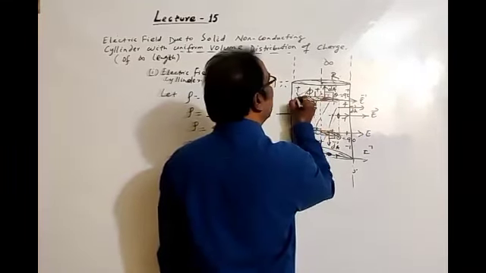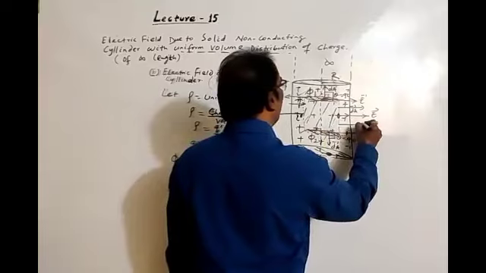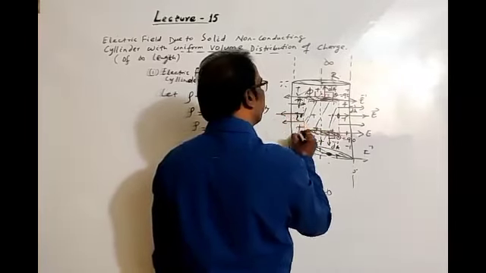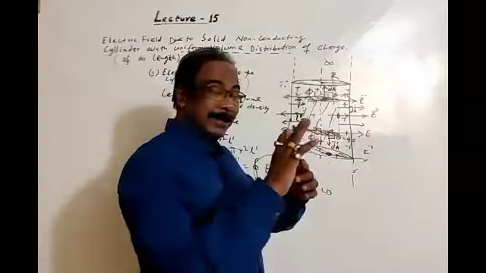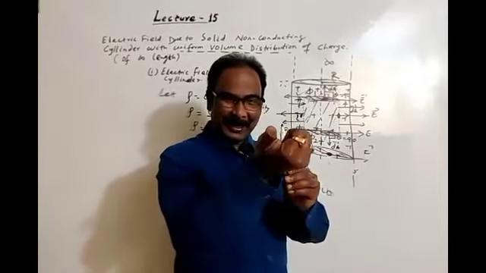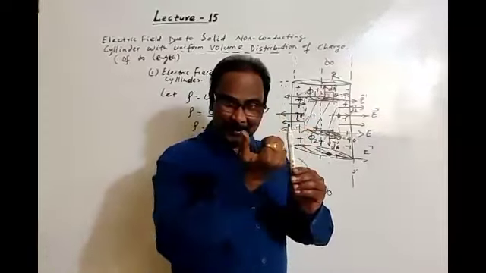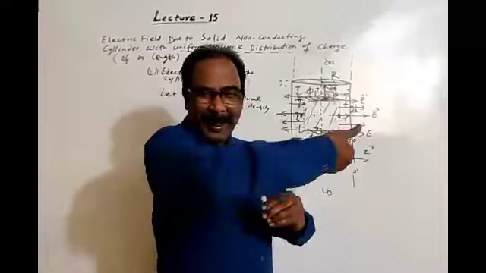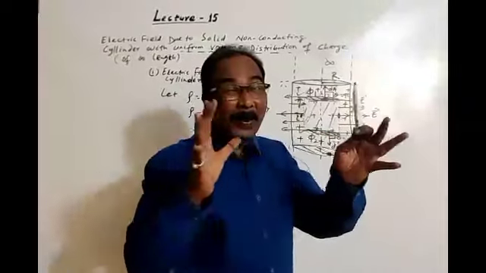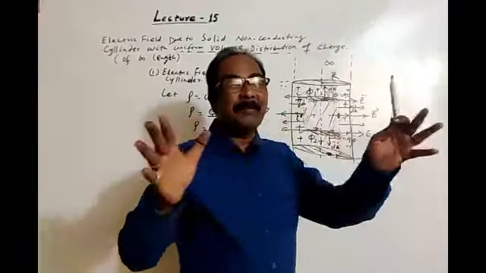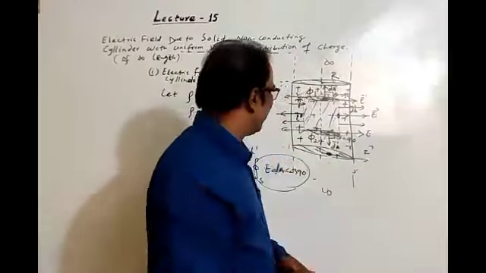Symmetrically, you may represent the electric field in all directions. If you imagine this is a cylinder, this is the direction of the electric field, from this curved surface outward, outward, outward. So in all directions the electric field is outward.